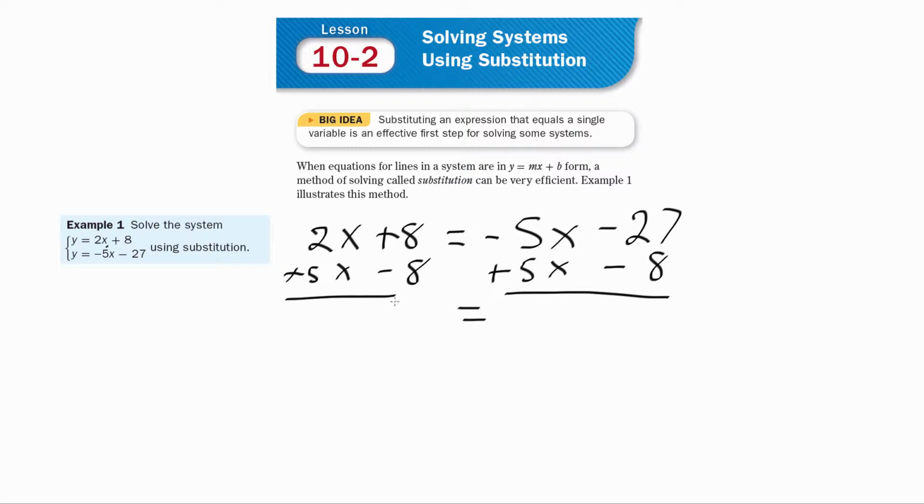So that's going to be 0. 8 minus 8 is 0. So 7x equals, this is 0, right? And negative 27 minus 8 will be a negative 35. Now I multiply both sides by 1/7.